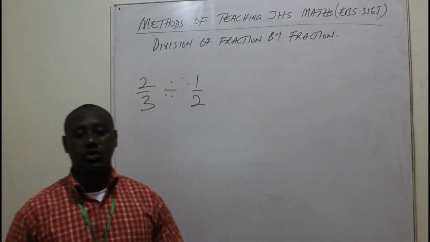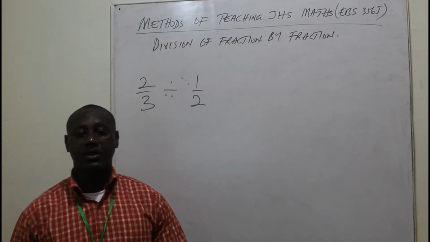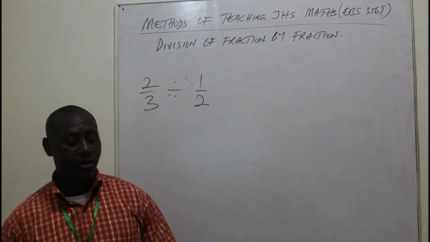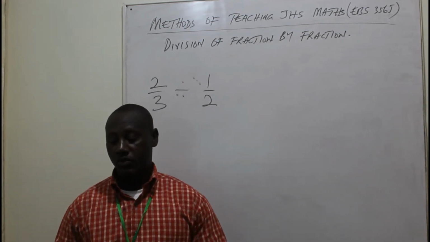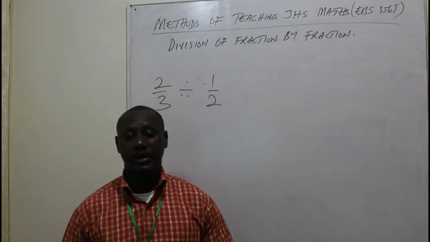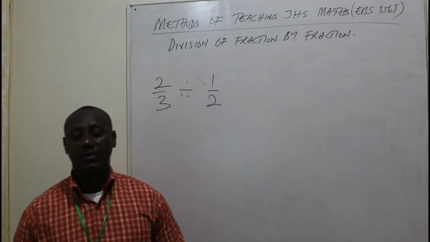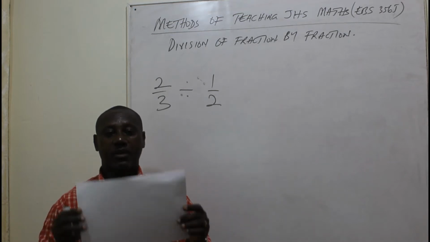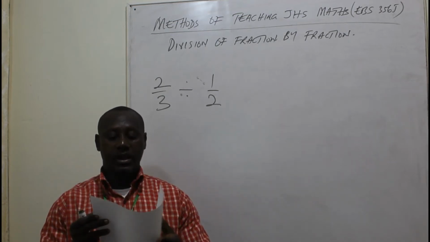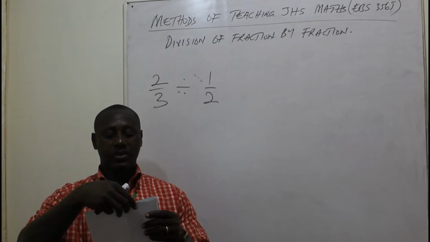Okay? So if I want to assist the children to perform this particular task using paper folding, then it means that you give them a sheet of paper like I'm holding here, and then you fold the paper into 3 equal parts.